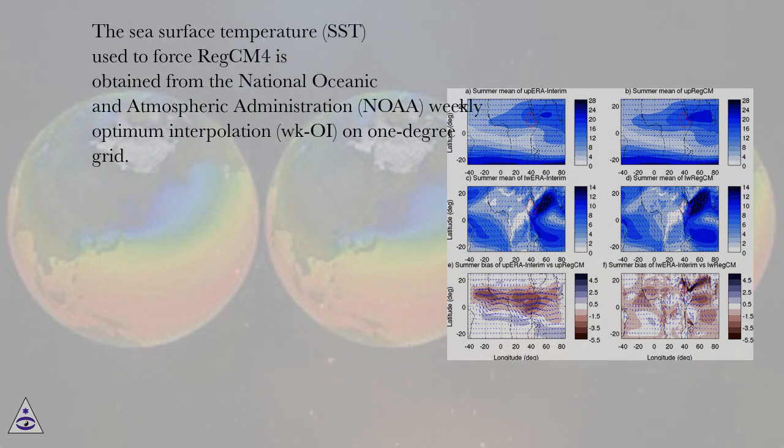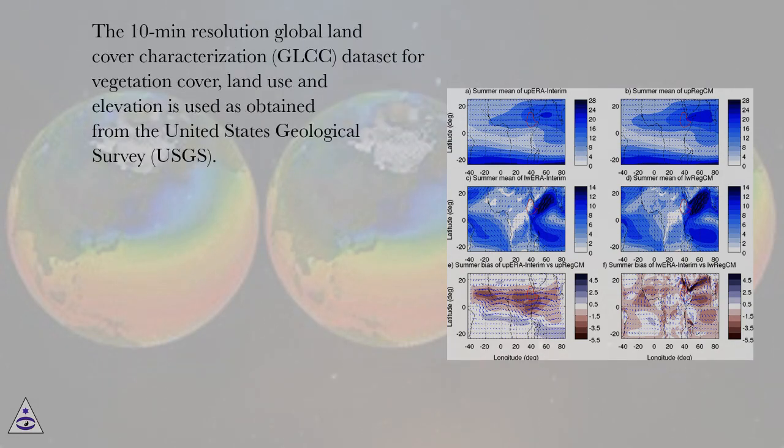The sea surface temperature, SST, used to force RegCM4 is obtained from the National Oceanic and Atmospheric Administration, NOAA, weekly optimum interpolation, WKOI, on a 1 degree grid. The 10-minute resolution global land cover characterization, GLCC, dataset for vegetation cover, land use and elevation is used, as obtained from the United States Geological Survey, USGS.